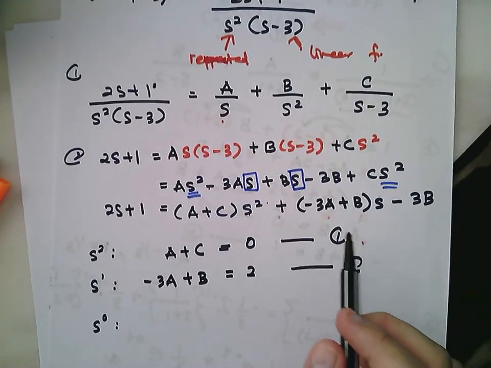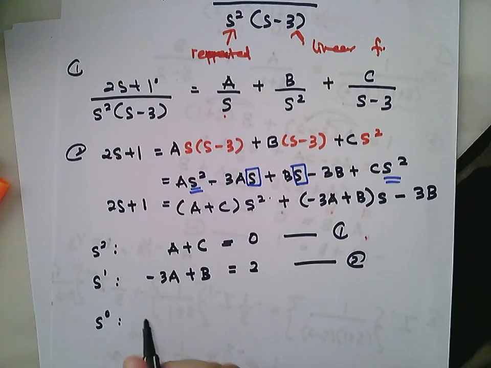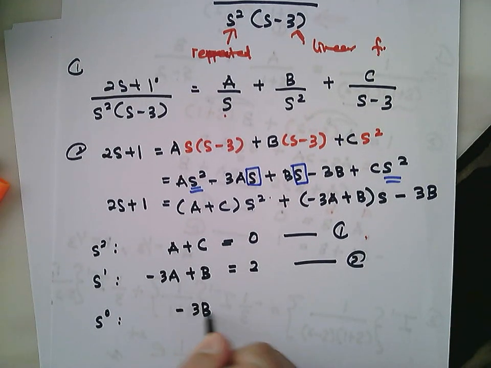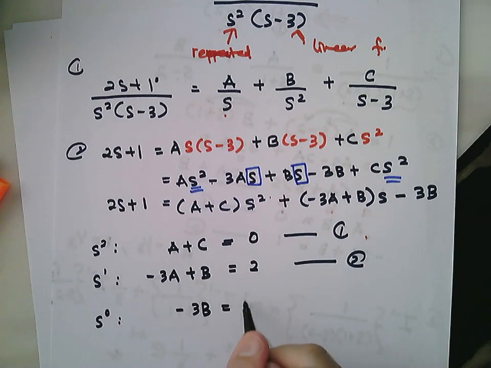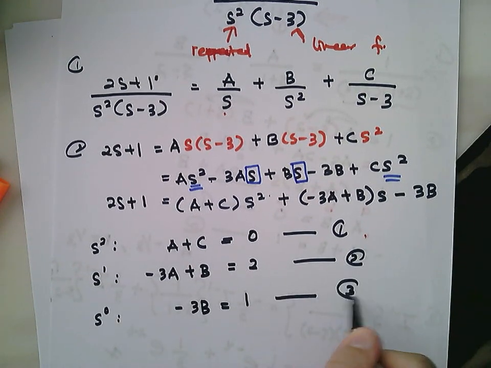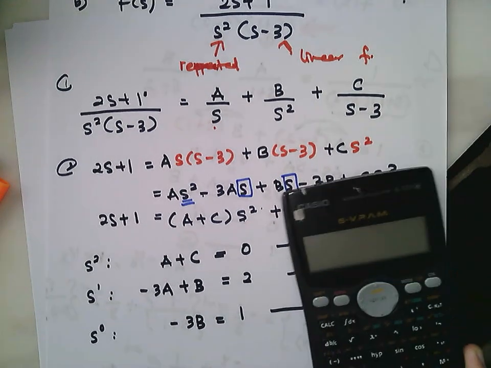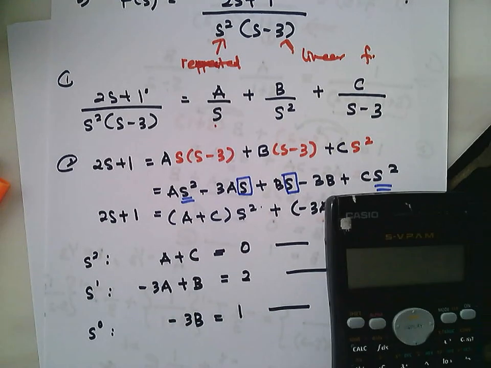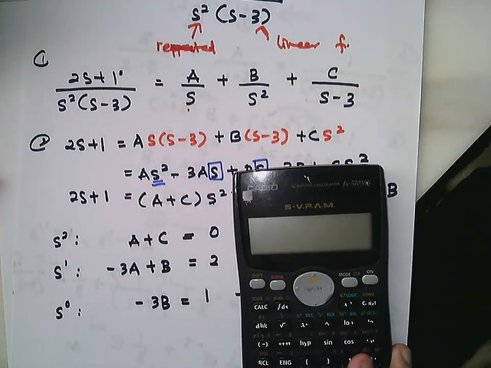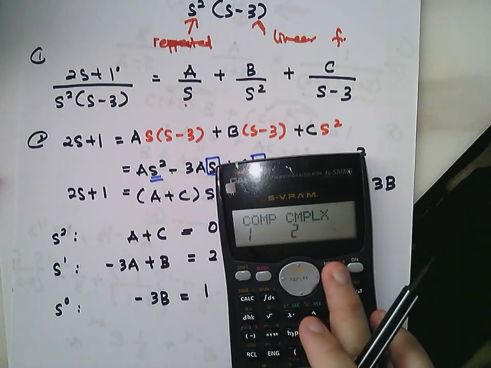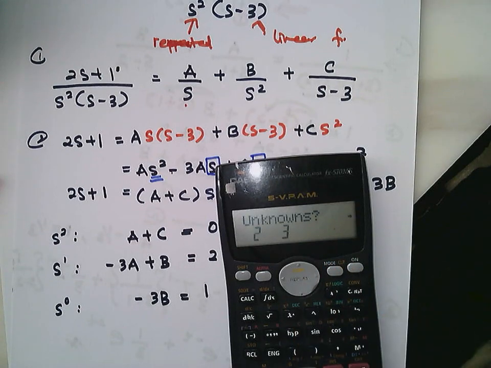What is your constant here? Negative 3b is equal to 1. So this is your third equation. When you have these three equations, just use your calculator to get the values of a, b, and c.